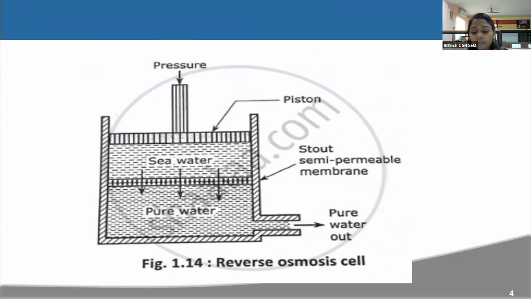Cellulose acetate, polymethacrylate and polyamides. Very good. So what is the concentration of seawater, higher or lower? Higher concentration. Pure water contains lower concentration.